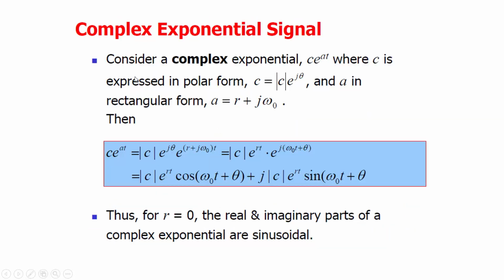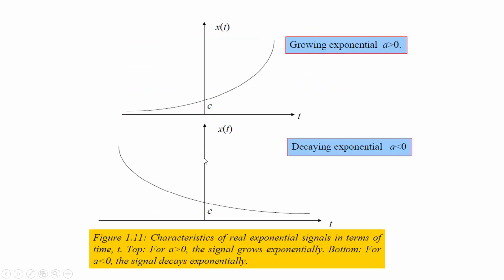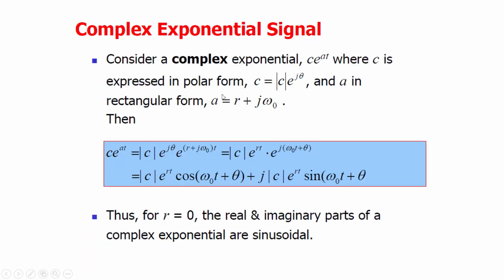All right, now let us take the case of a complex exponential signal where c and a are both complex numbers. Now this is the case for the real exponential signal, and this is the case for the complex exponential signal. If c is expressed in the polar form, it will be mod c e to the power j theta.